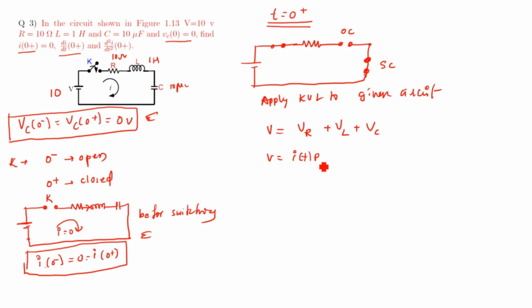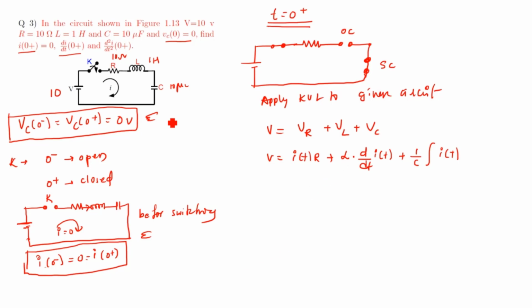I of t into R. Plus, what is the voltage across inductor? L into d by dt of I of t. Plus, what is the voltage across capacitor? 1 by C into integration of I of t. Is that okay?